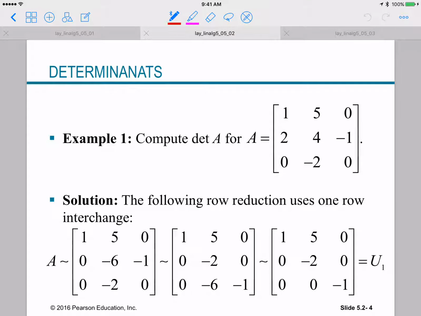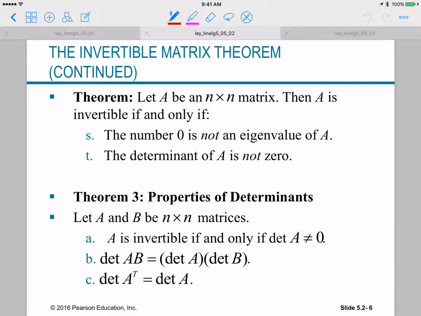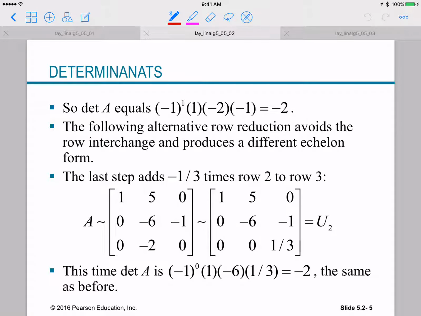This chapter contains some basic properties about the determinant, and I will skip these parts. The first part of this lecture discusses some properties of the elementary matrix, the determinant of an elementary matrix.